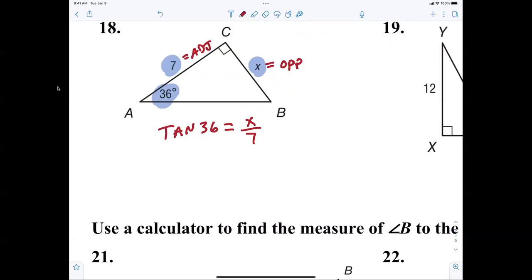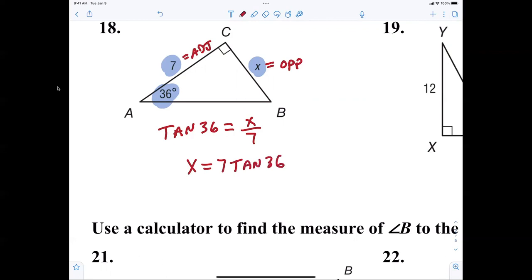Exactly right. Now, how do I solve for x? How do I solve dividing by 7? Multiply by 7. So x, I want everybody to write this down, 7 times tangent of 36.